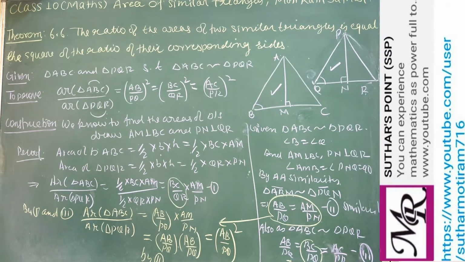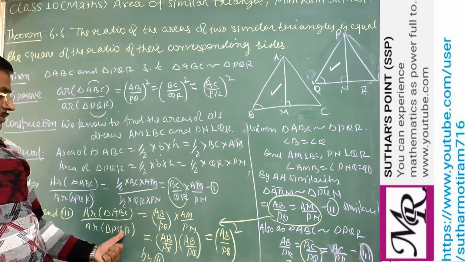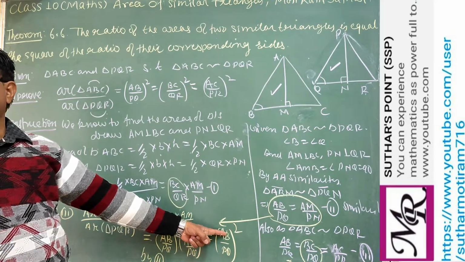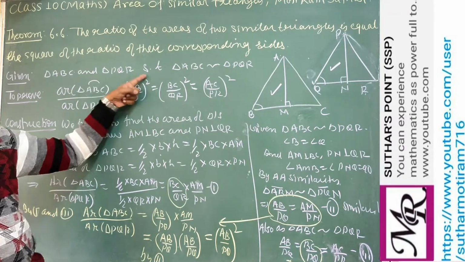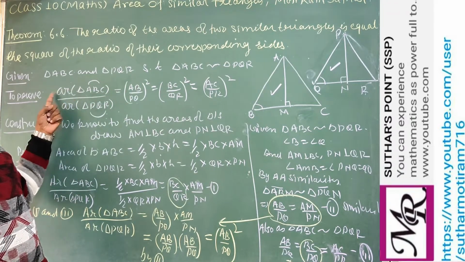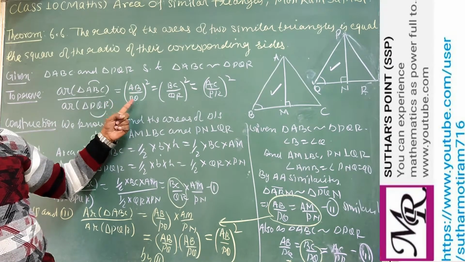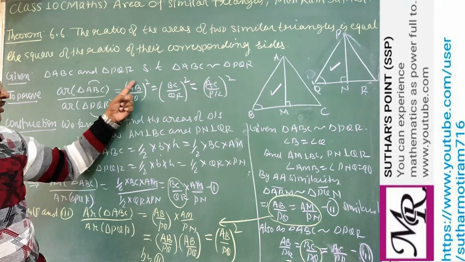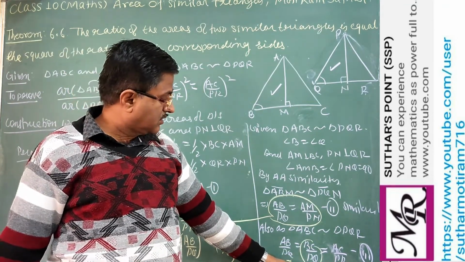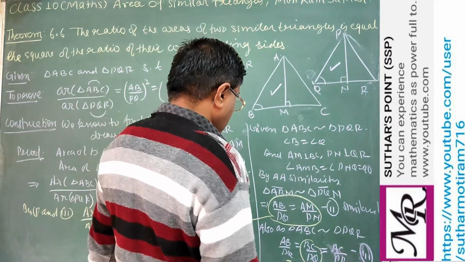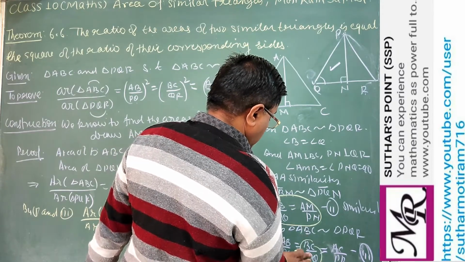So finally what we get? Area of triangle ABC upon area of triangle PQR is equal to AB upon PQ whole square. But AB upon PQ can be replaced by BC upon QR.